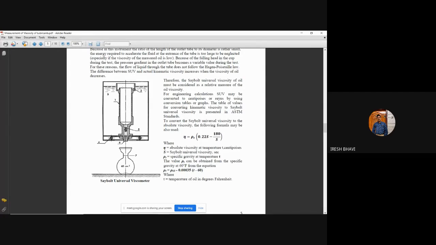If any excess oil is there, it will come here, in this screw too, so that the exact volume of oil is maintained in this cup up to this top.